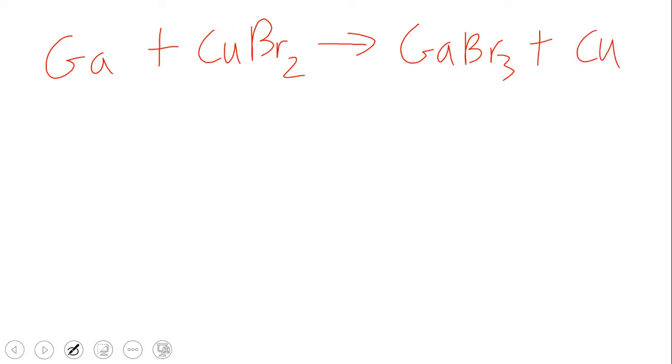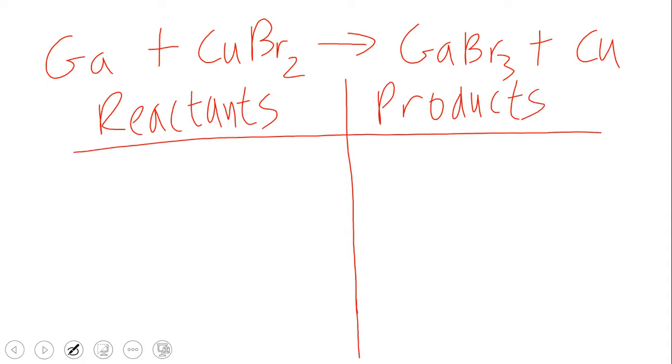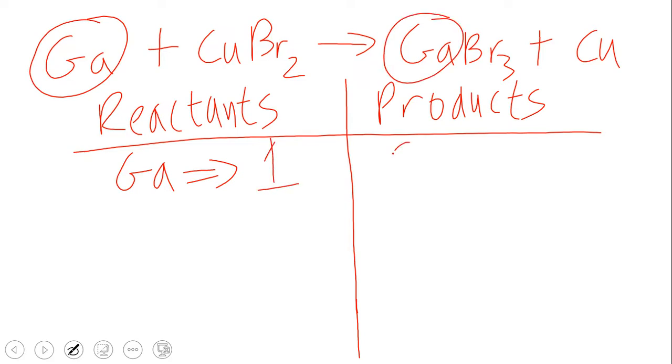Okay. So first of all, let's determine if this equation is balanced or not. Is it chemically balanced or is it chemically imbalanced? Let's break it down into the reactants side and the products side. For Ga, we only have one on this side, and one on this side.